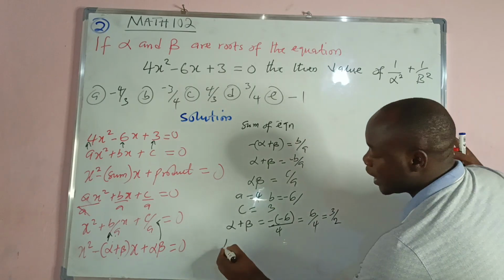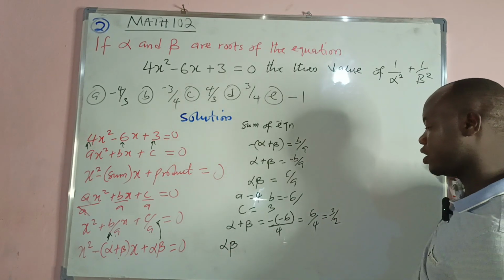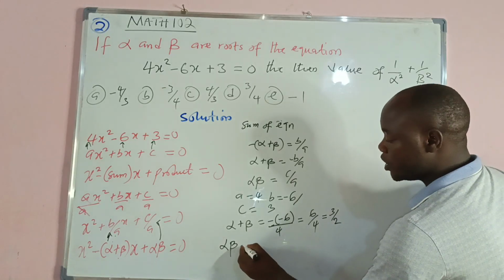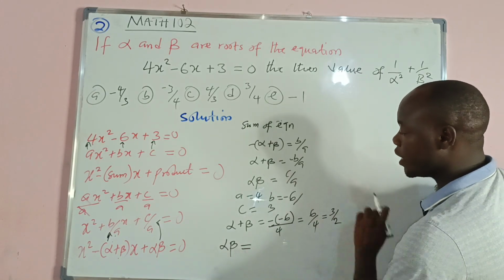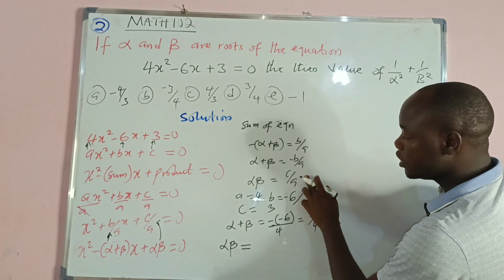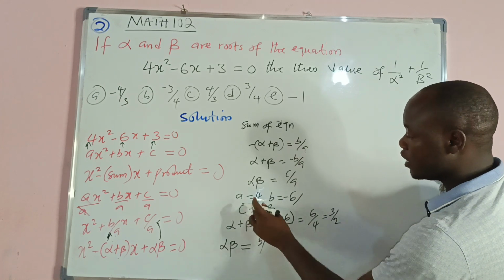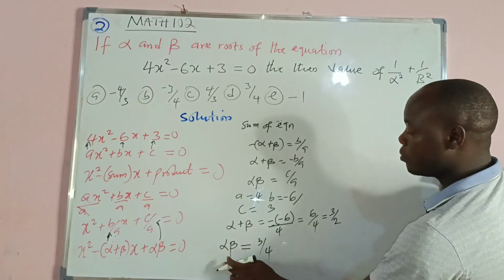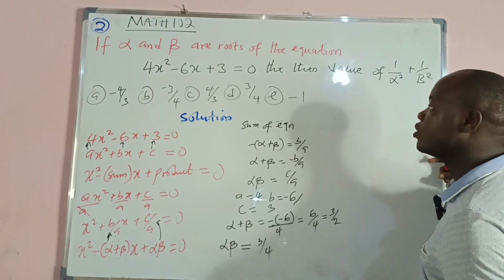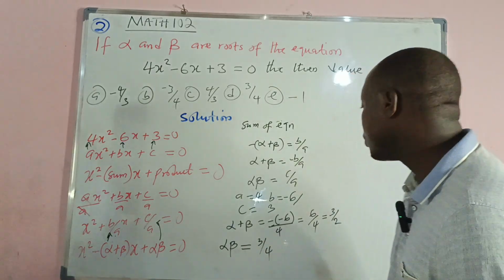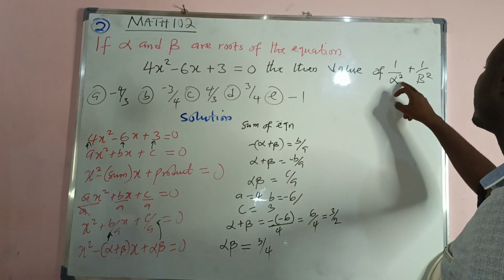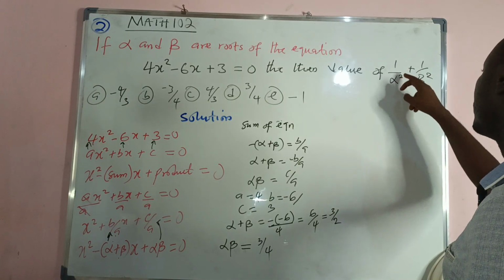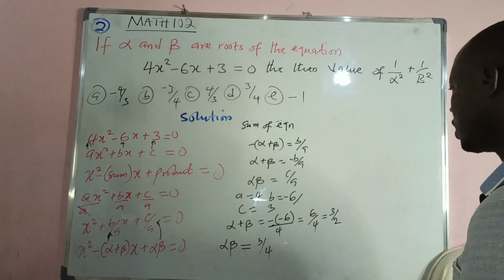Then the next one is alpha times beta, which is c over a. The c is 3 and a is 4, so alpha times beta is 3 over 4. The next step that we are going to follow is to get 1 over alpha squared plus 1 over beta squared.